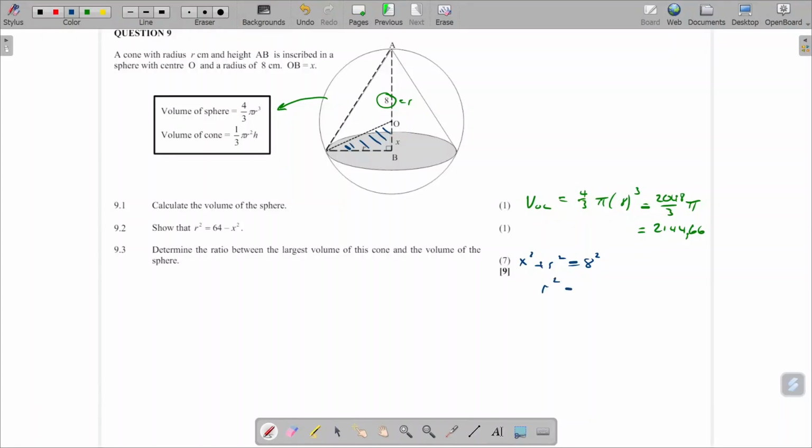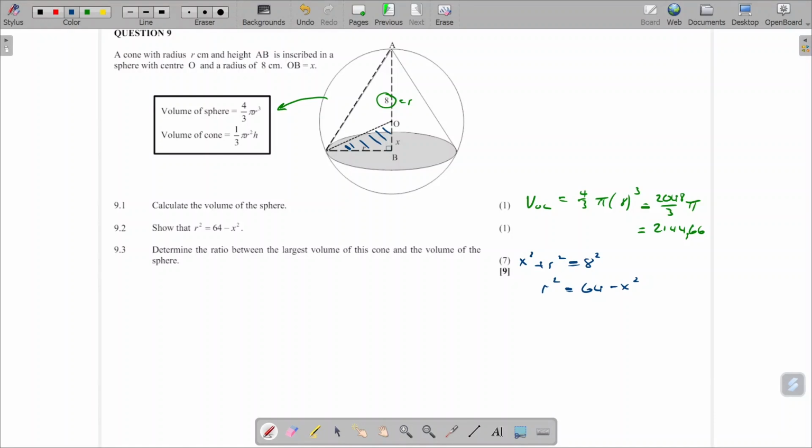Please don't confuse the r of this diagram, which is the radius of the gray circle, with the r that we had just now, which was the radius of the sphere. That's partly what they're trying to do here, trying to confuse you a little bit. Stay brave and make sure you keep track of which radius is which. As a result, r squared would equal 64 minus x squared, as expected.